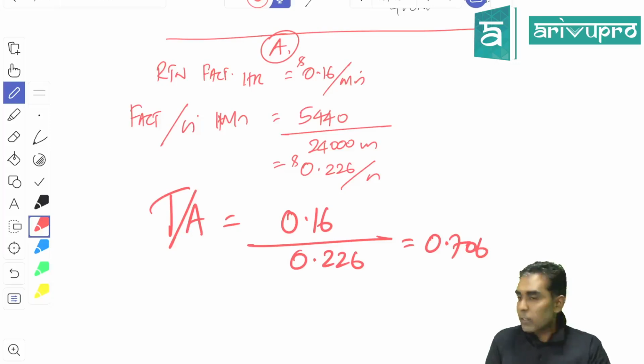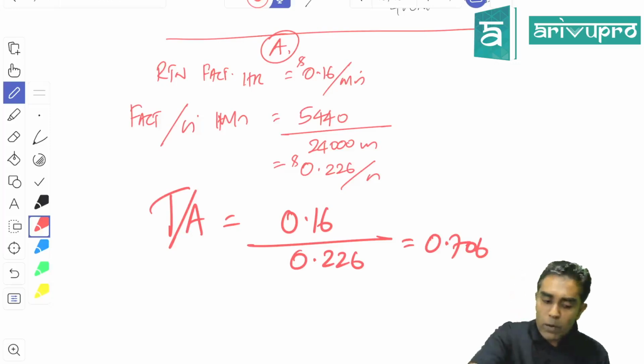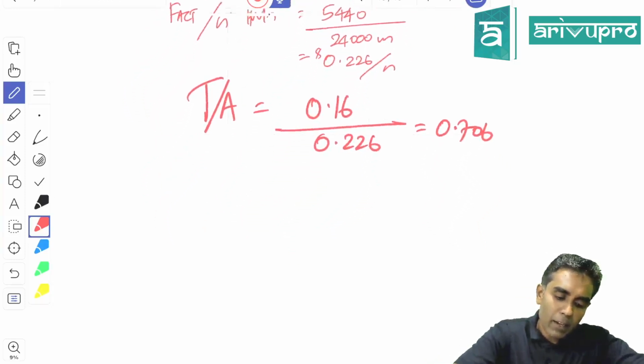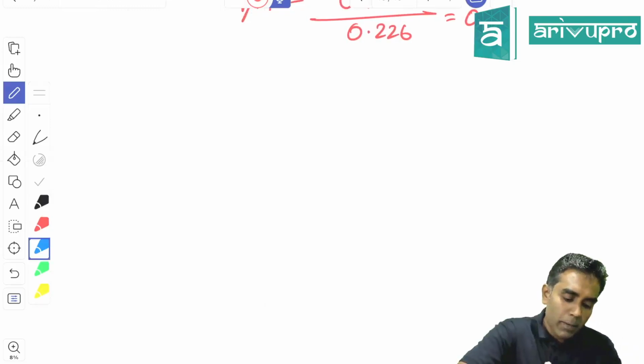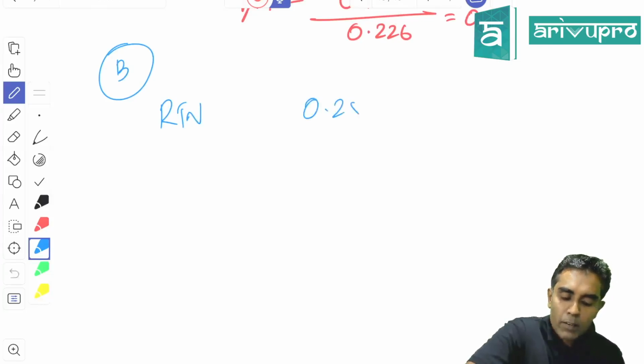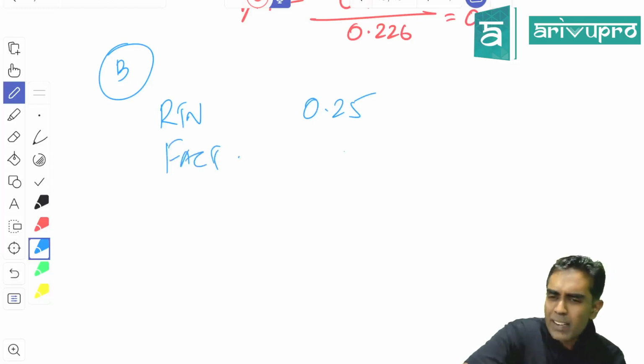If I want to explain further, if you want to calculate for product B, let me know the product B return per factory hour. 0.25. Then you have already calculated the factory cost, 0.226.